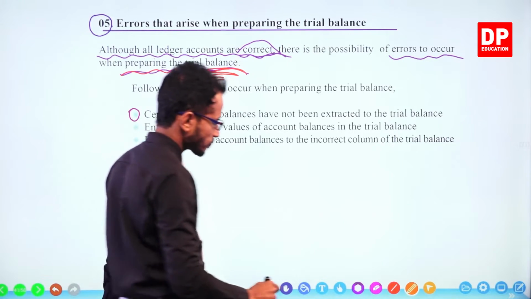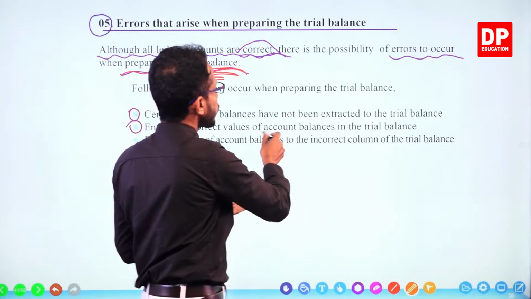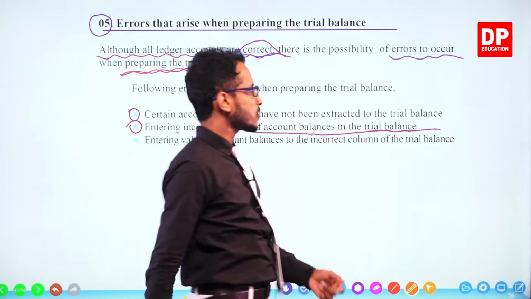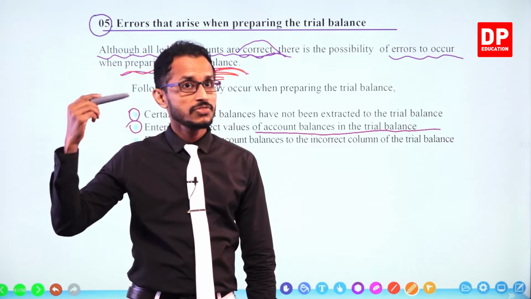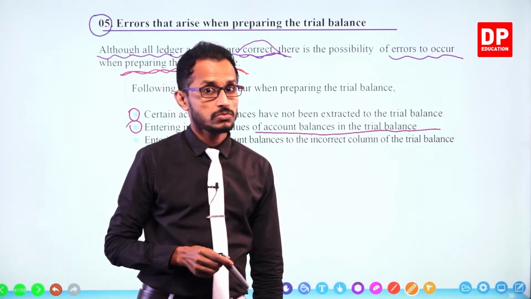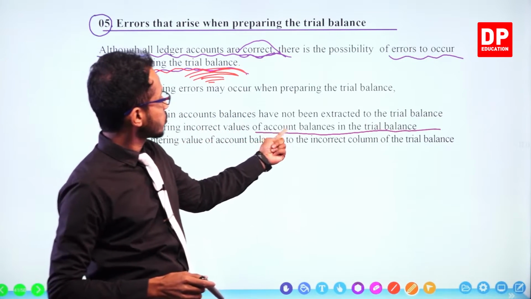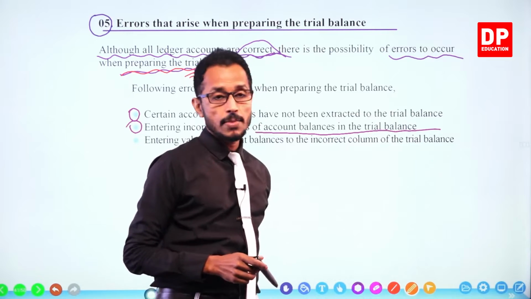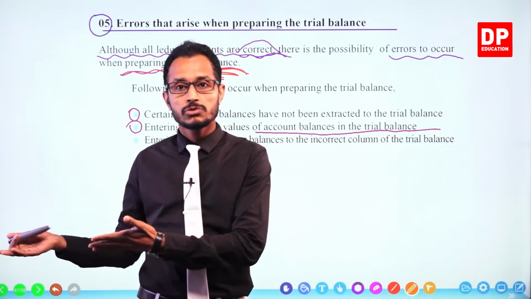Second, entering incorrect values of account balances in the trial balance. Just like the one we discussed earlier, just a few minutes ago. If the BBF is 5,000, you have entered in the trial balance 50,000.